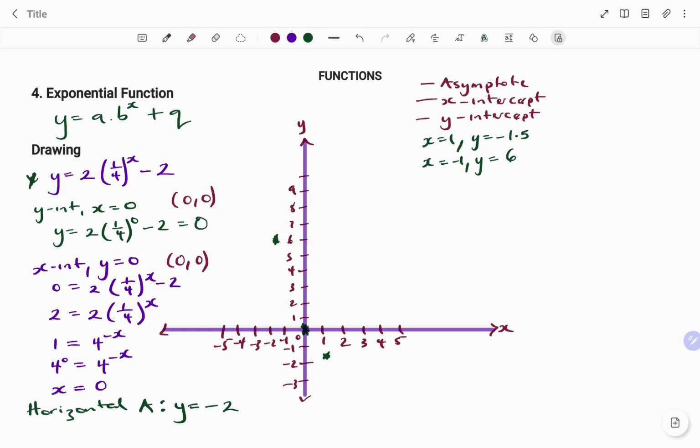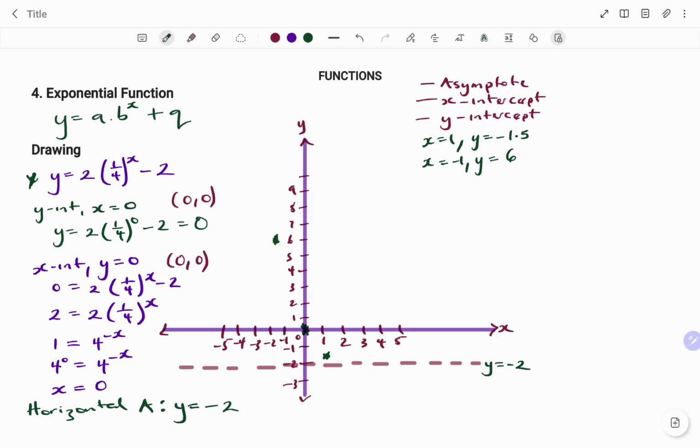So I'm going to mark that on my graph. And what that means is when I'm drawing my graph, it is not going to touch or go through my asymptote as shown. I'm going to label that quickly. I have that as y equals -2.